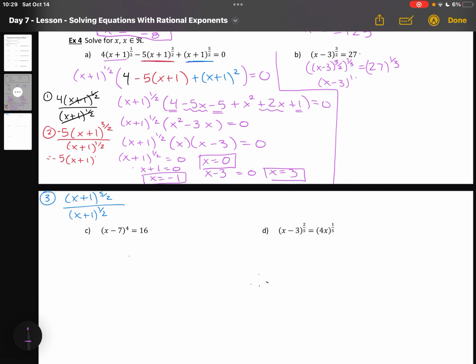And that's going to give me some smaller numbers to work with. So let's see. Now, if I want to clear my denominator, I'm going to square both sides, and I get x minus 3 equals 9. Then I can bring the 3 over, which is going to give me x equals 12.